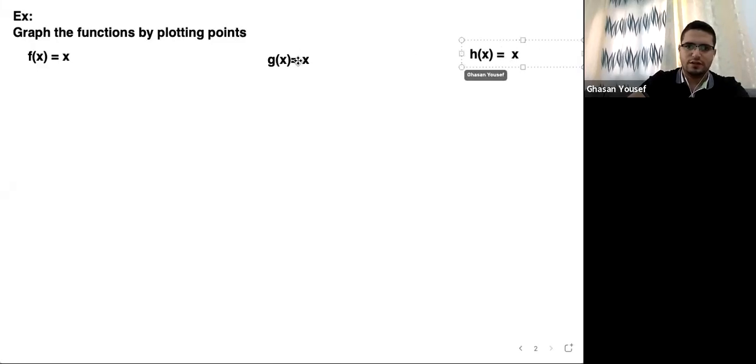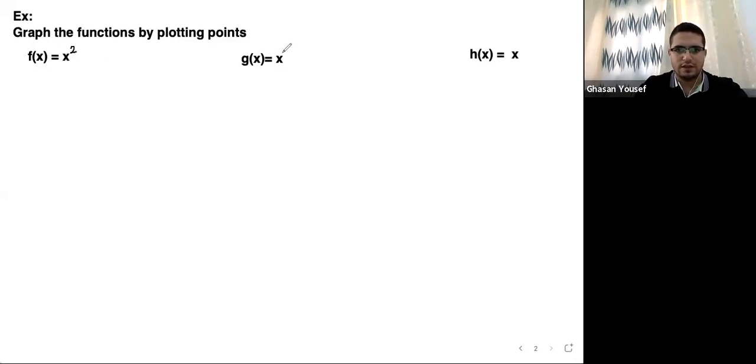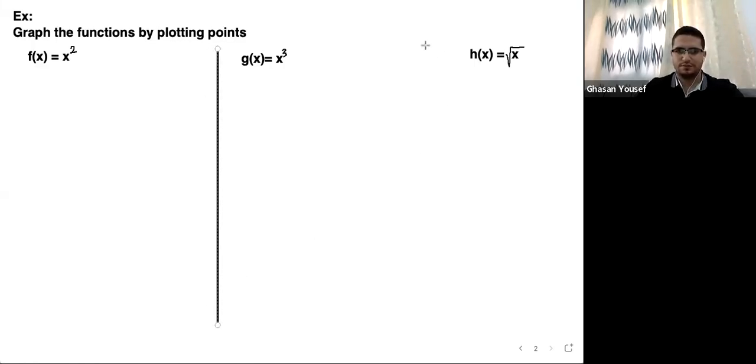So the first function is f of x equal x squared. The second one is x to the power 3. The third one is the square root of x. Okay, so first of all, like I said, we have to make a table to graph this kind of function, because the question is plotting by using plotting points.